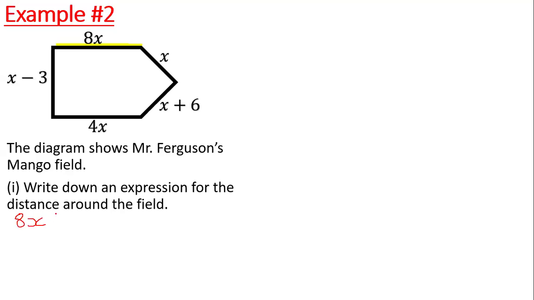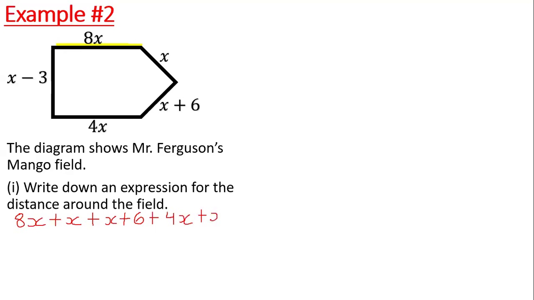Plus x. Plus x plus 6. Very good. Plus x plus 6. And then plus 4x. Just keep going. Plus 4x, yes. Plus x, take away 3. Very good. Plus x minus 3.